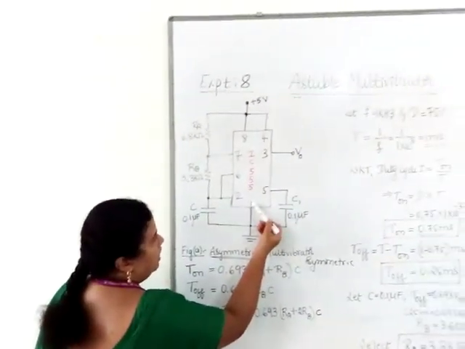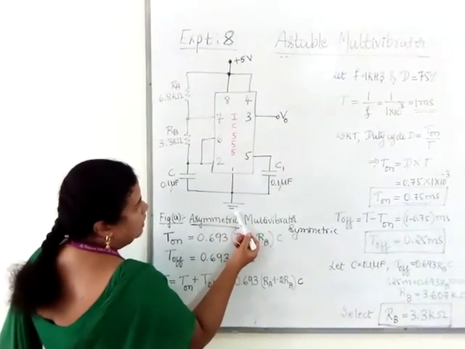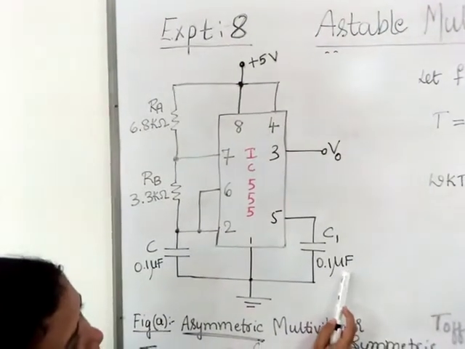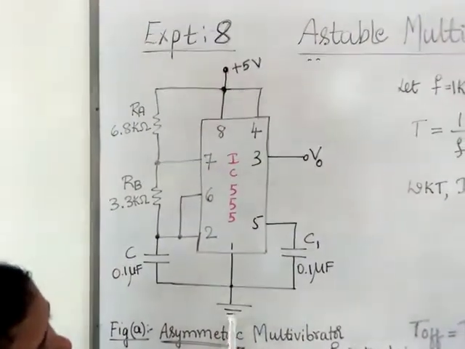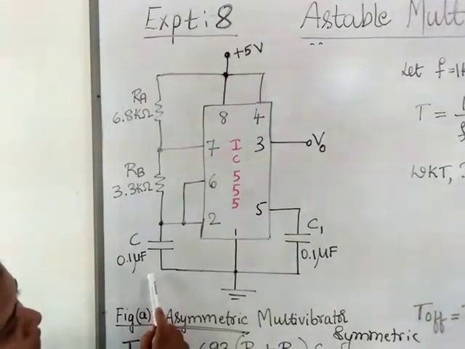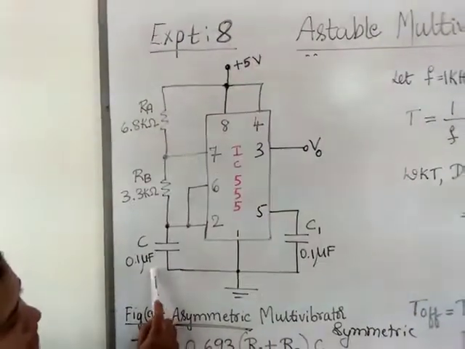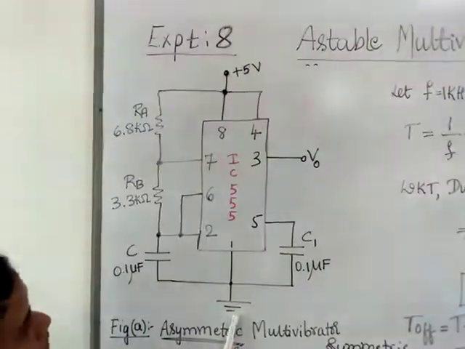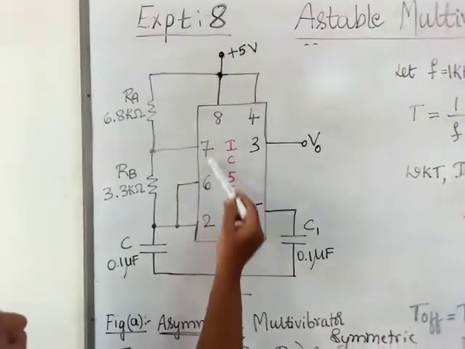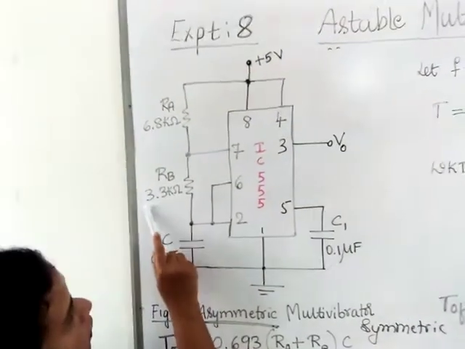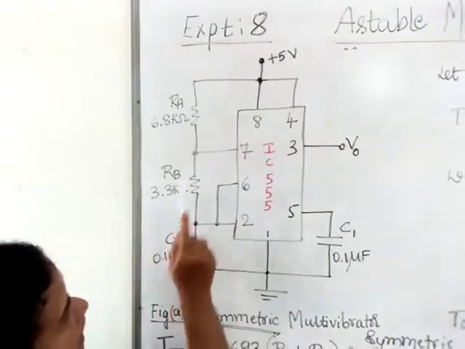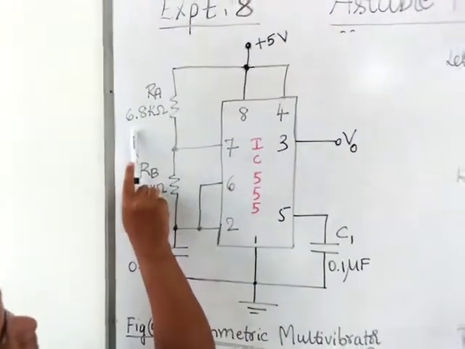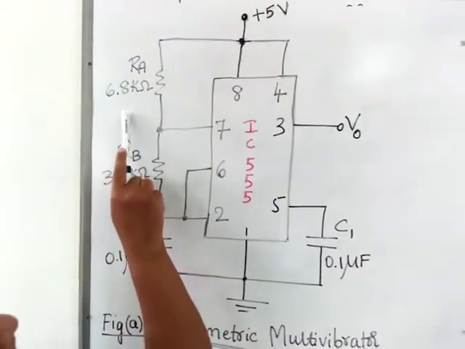You can observe here that pin number 1 is directly grounded, and for pin number 5, a capacitance of 0.1 microfarad is connected to the ground. From pin number 2 also one more capacitance of 0.1 microfarad is connected and then grounded. Between pin number 7 and 2, a resistance of 3.3 kilo ohm is connected, and between pin number 8 and 7, one more resistor of value 6.8 kilo ohm is connected.